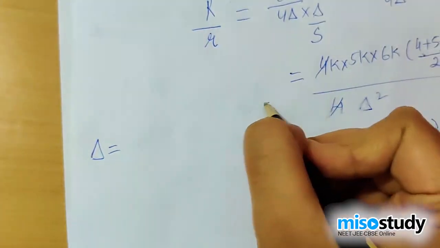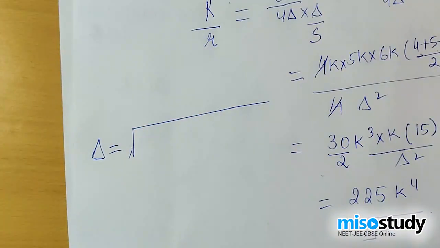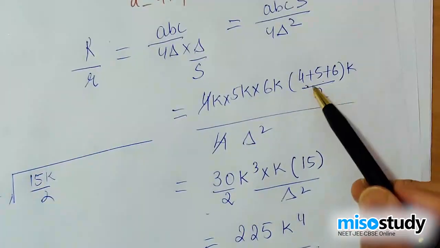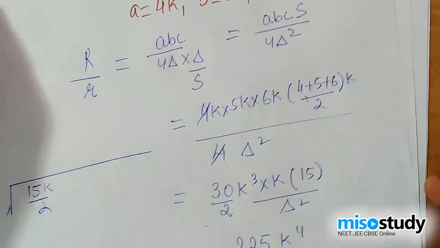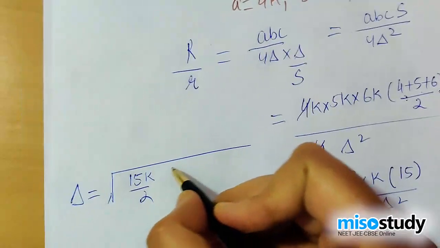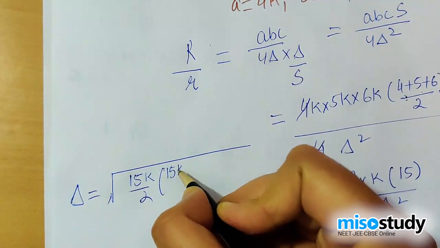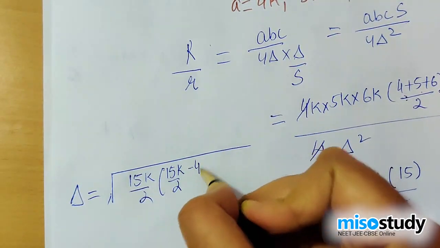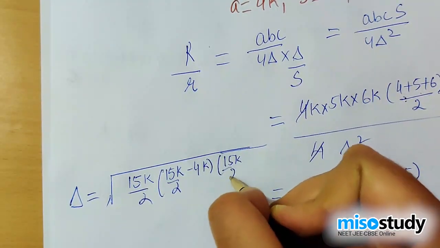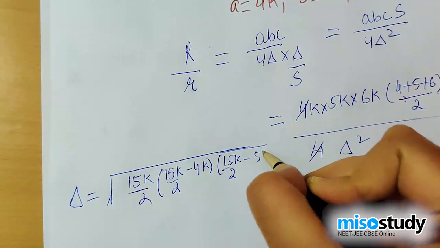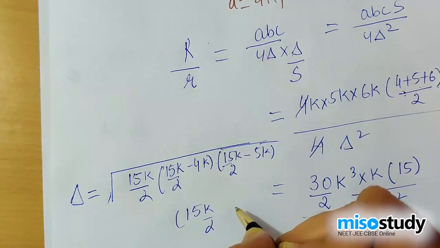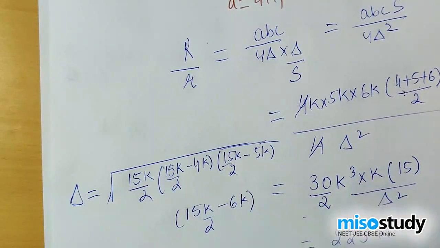Delta is equal to under root of s. S is what? 15k by 2, because we evaluated s over here, it's a plus b plus c, that would be 15k by 2. s into s minus a, so 15k by 2 minus 4k, 15k by 2 minus 5k, and 15k by 2 minus 6k.